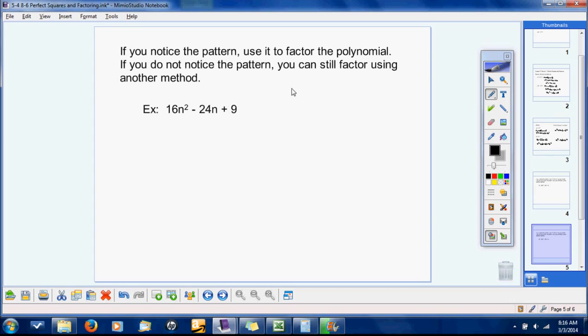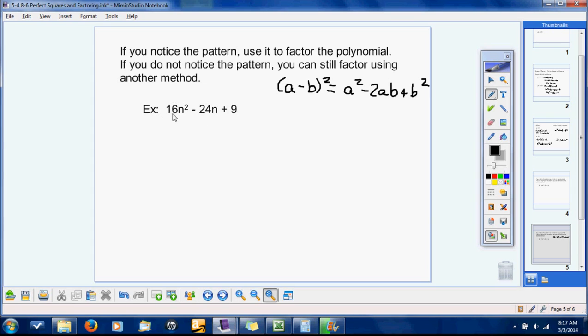Alright, so here's our pattern. Okay, we said that a minus b squared equals a squared minus 2ab plus b squared. Now what you can do to check for this to see if you have that pattern is you look at the first term and the last term.